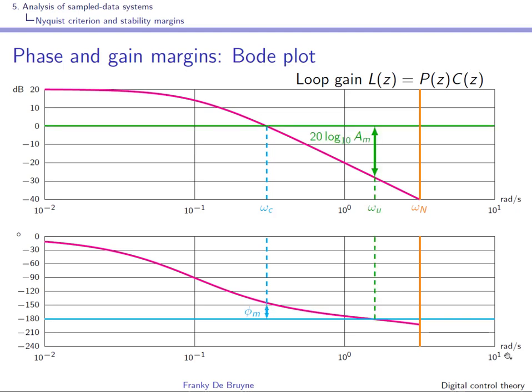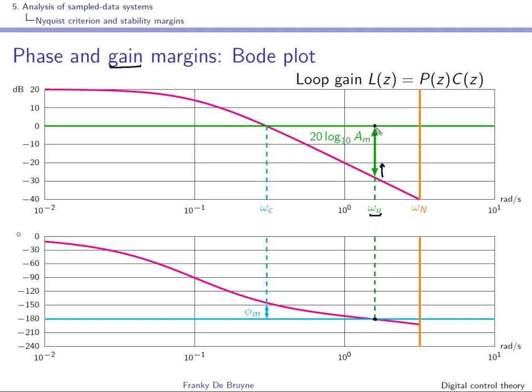So we can now have a look at the gain margin, and for that we need to consider the frequency at which the phase shift is minus 180 degrees, and the corresponding frequency is the ultimate frequency, or the phase crossover frequency. And you can see over here that we still have some margin, so we can increase the gain before we reach a gain of 10 dB.